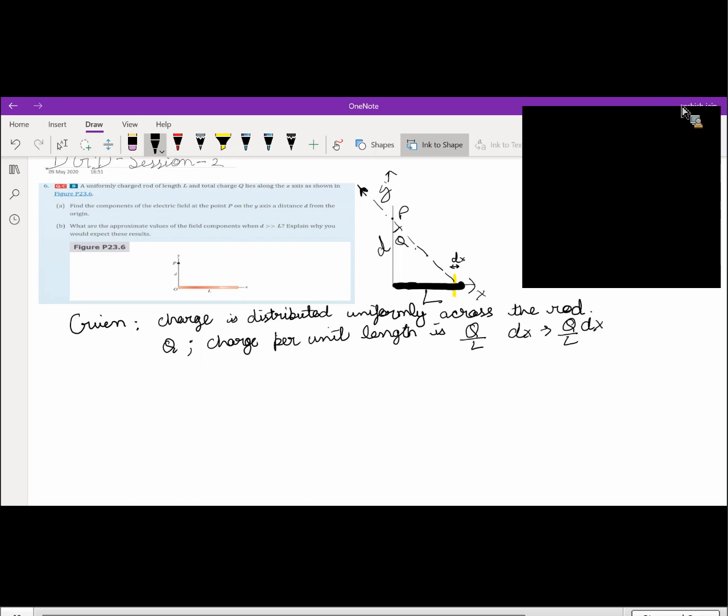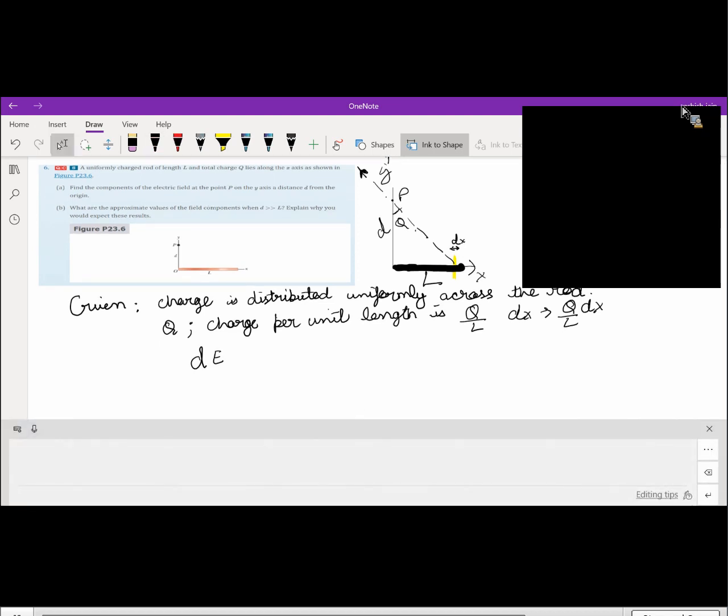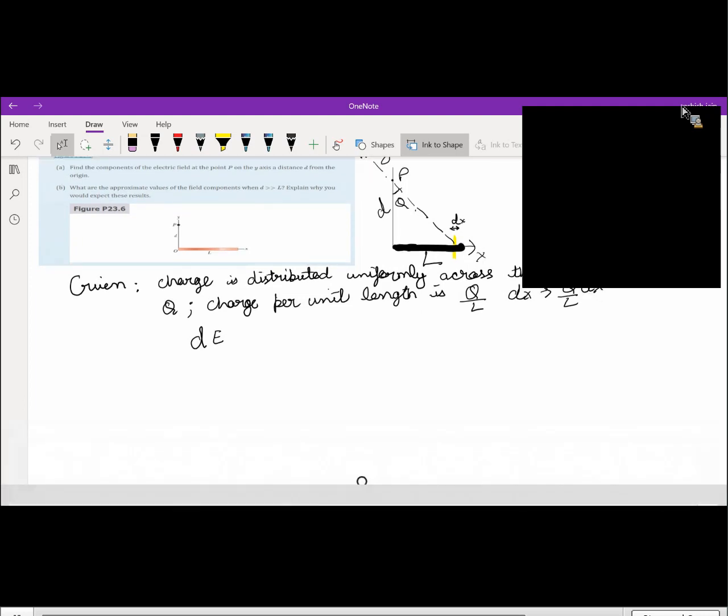This is what I got from the given part. Now the electric field due to this dx at point P can be written as dE equals k dq divided by x squared plus d squared, where x is the distance.